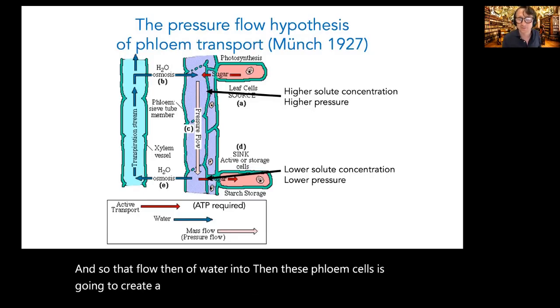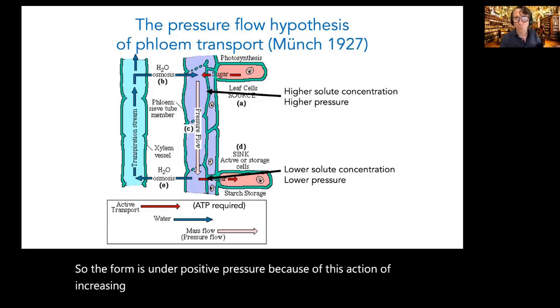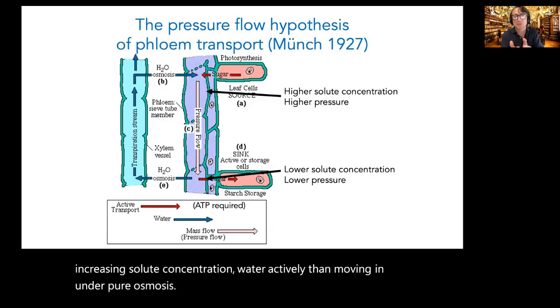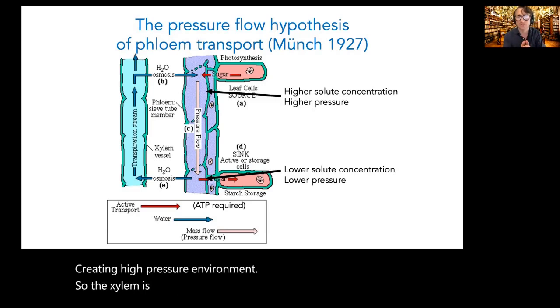pressure environment. So the phloem is under positive pressure because of this action of increasing solute concentration, water then moving in under pure osmosis, creating a high pressure environment. So the xylem is under negative water potential.